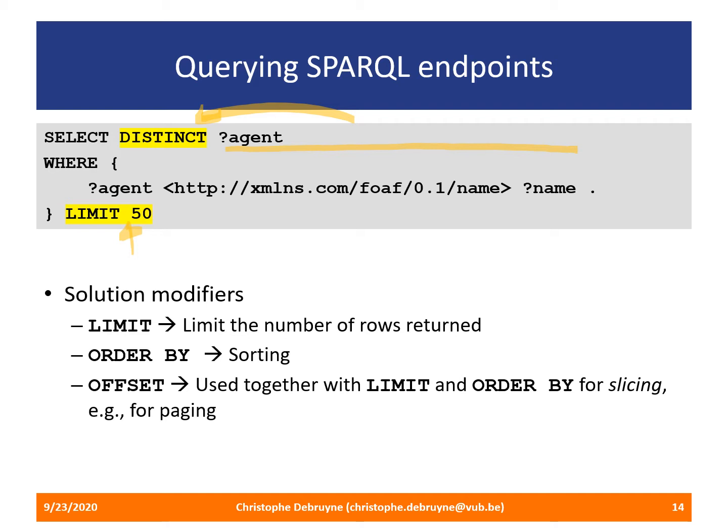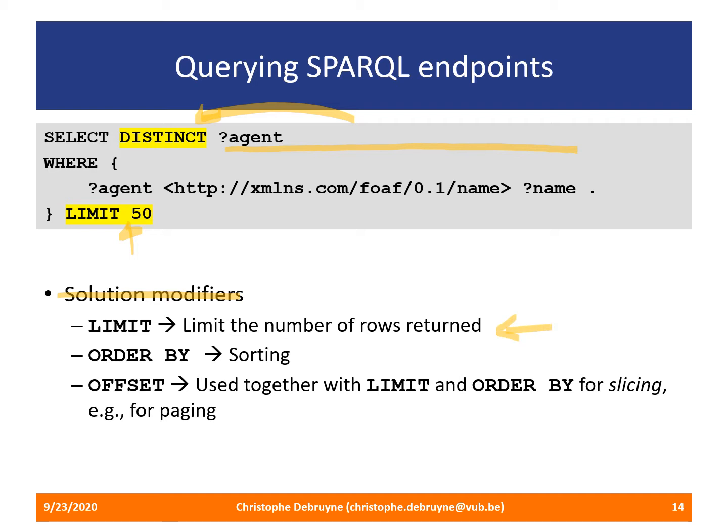So now it will look for all agents that have names until 50 are found, or until it has looked at the whole data set and was unable to find 50 in the whole set. Now, limit 50 is what we call a solution modifier. Limit allows us to limit the number of rows returned in the result set.